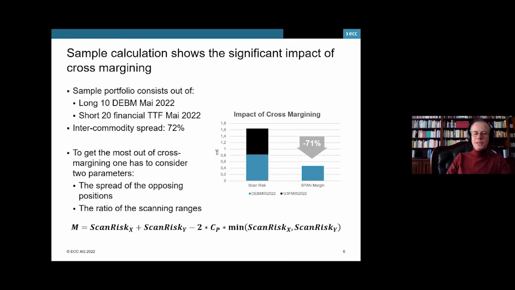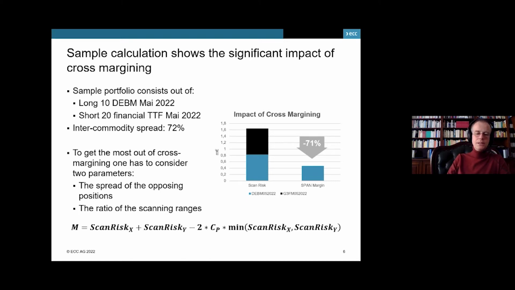So the important thing is not only the inter-commodity spread. Here, that is 72%. The inter-commodity spread is shown daily on our webpage, the same page like the scanning ranges. But the important thing here is not only the inter-commodity spread, but also the relation between the scan risks of both contracts.